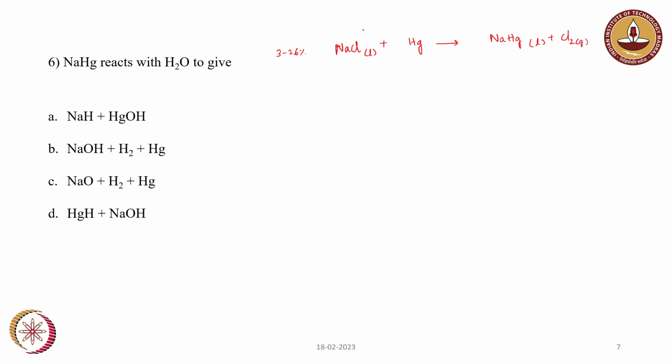So there is 2 Cl here, so we'll have to balance it. 2 NaCl and Cl2, and 2 Hg will be 2 NaHg. Yeah, so this one is balanced.